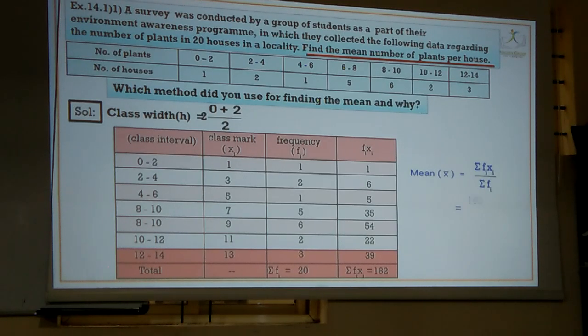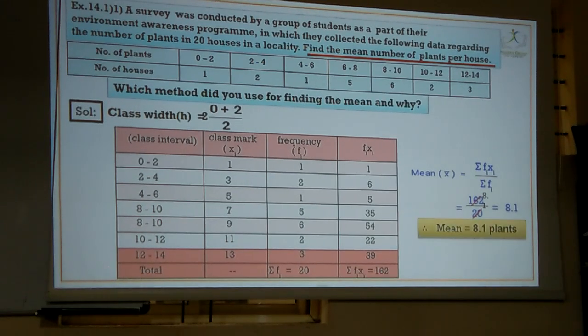So your mean is this much. So mean is 81 point something. And which method are you using? Direct method. And why are you using it? Because the values of Fi and Xi are small. For smaller values we use direct method.